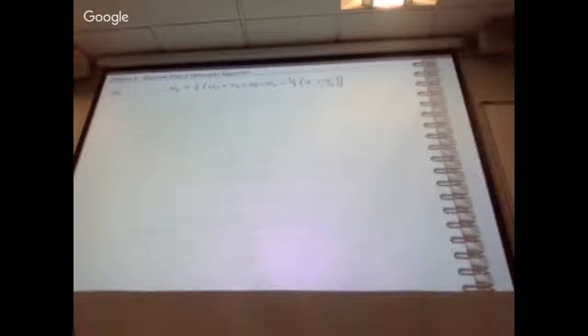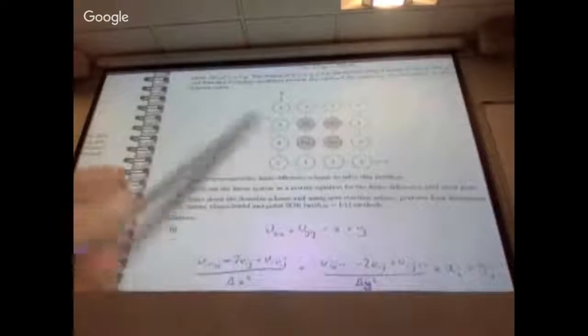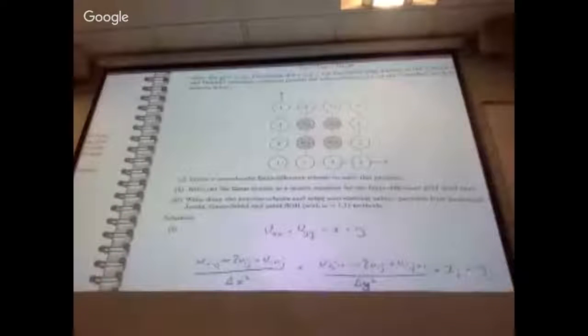Right, so now what I have, for each one of these nodes, I'm going to write down what my scheme is.